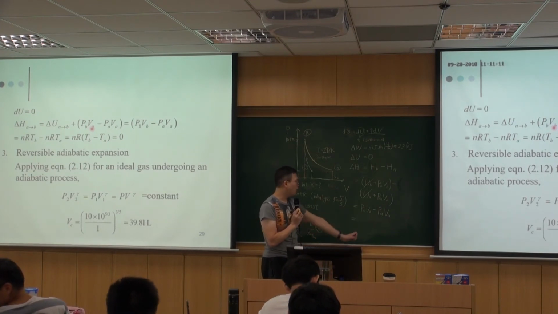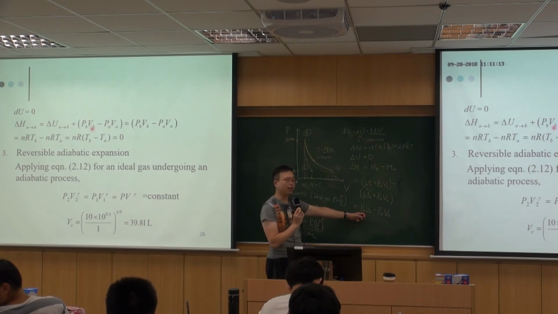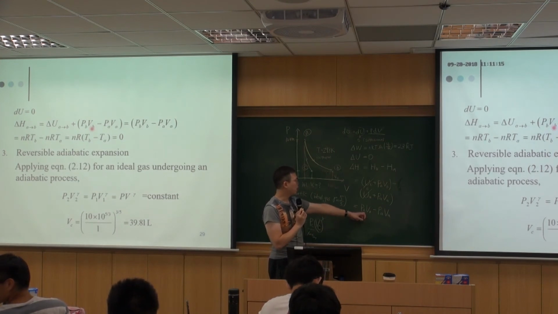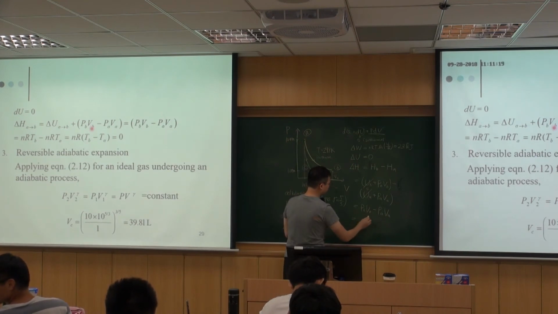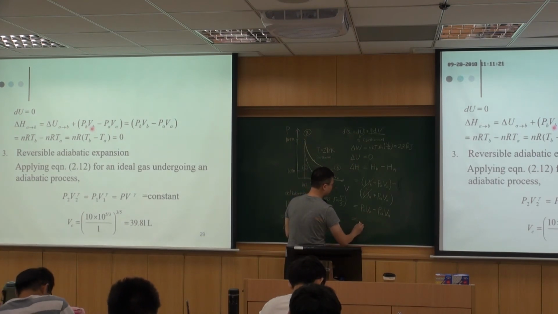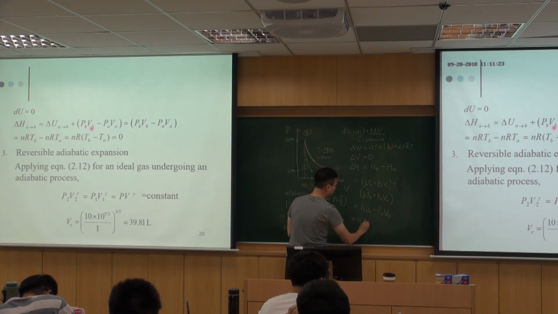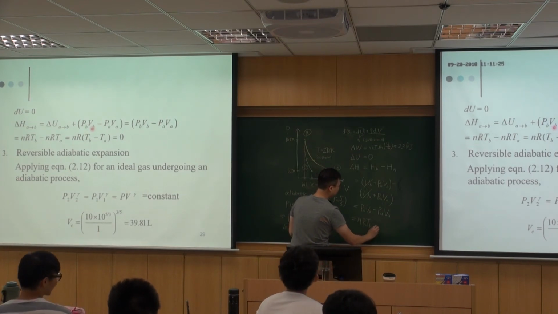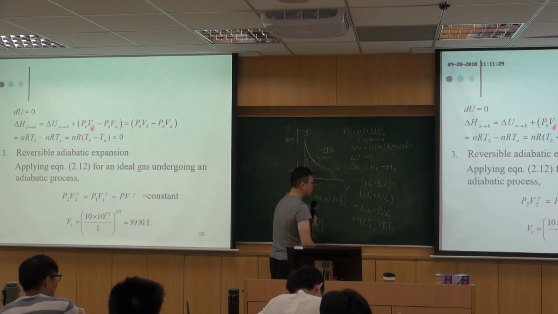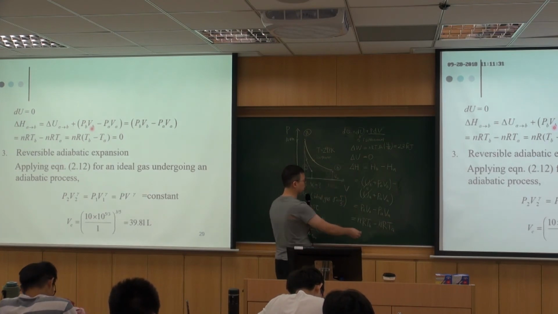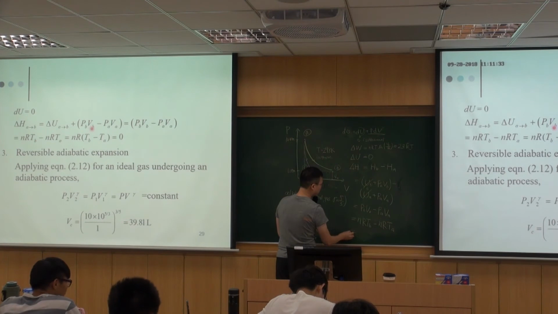And we know that this is an isothermal process. So based on gas law, the product of these two is nRTB minus nRTA. And for isothermal process, TB is the same as TA, so this is 0.